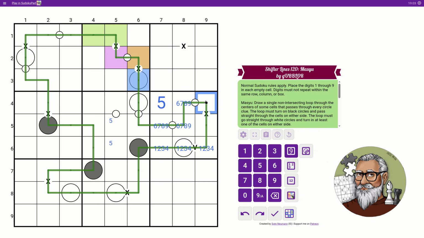But if this is from 6, 7, 8, 9, then that one is from 6, 7, 8, 9 as well. And this is obviously from 1, 2, 3, 4. I didn't even have to go through all of that. This is the same section. Yeah, that makes sense. These are the same section. And then these aren't the same section. Well, this is the same section, and these are the same section as well.